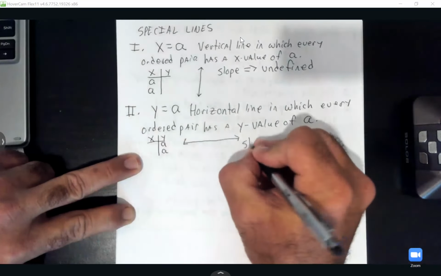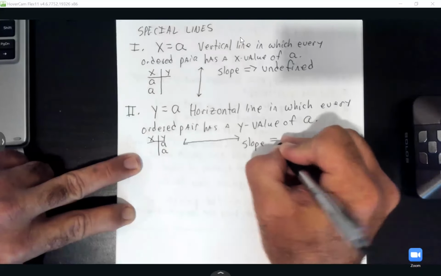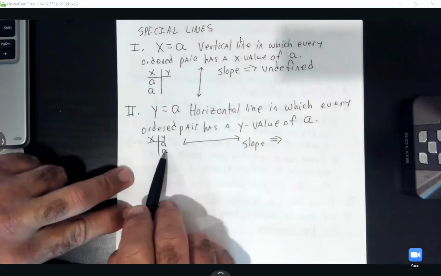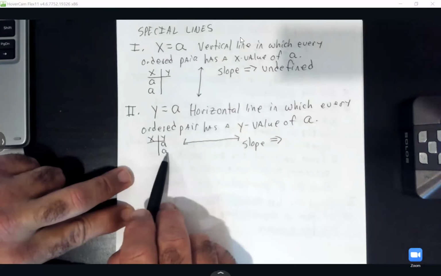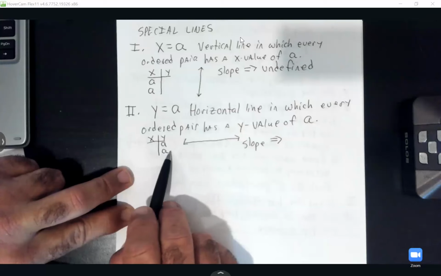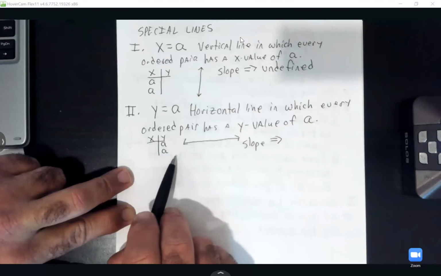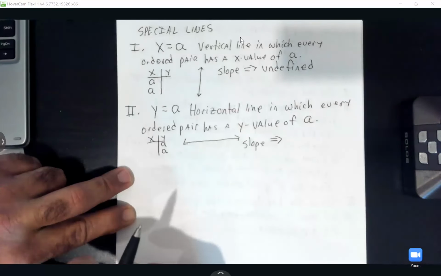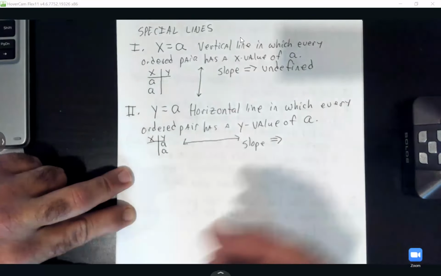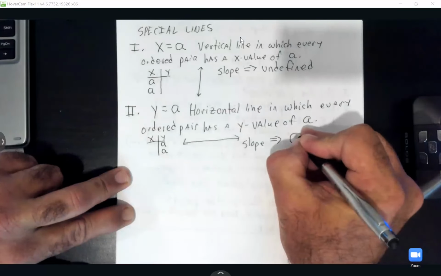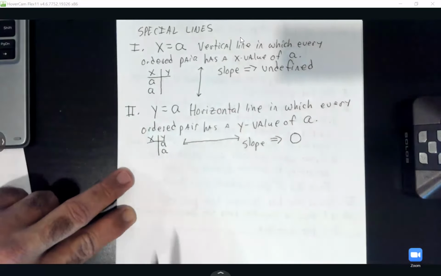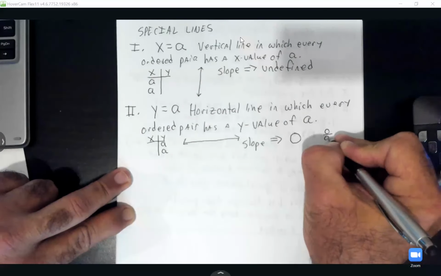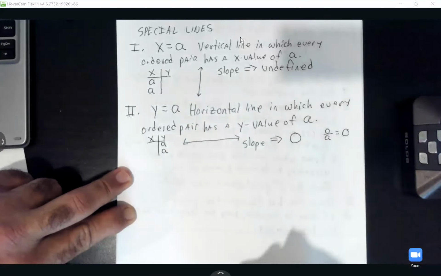So the slope of this horizontal line, well, remember, the y2 minus y1 stuff is on top. So if they're the same number, you're going to get a 0 on top of the fraction divided by whatever's on the bottom. Well, 0 will divide by numbers. And when you divide 0 by any number, you get a 0. So we can have something like this. 0 over A equals 0.